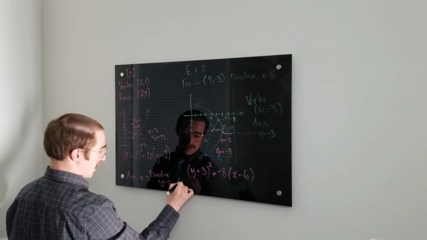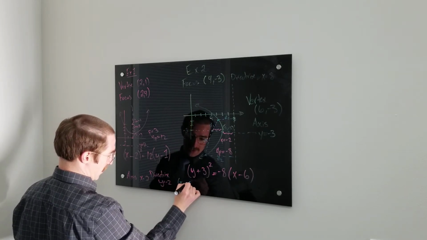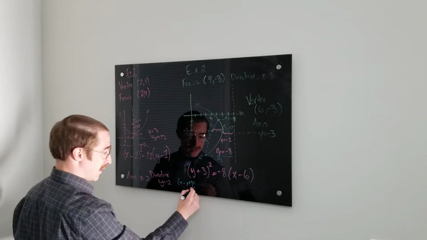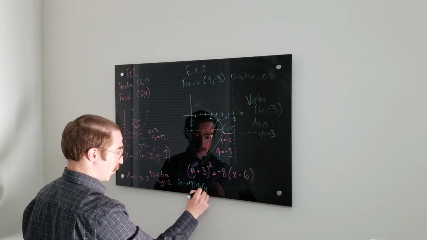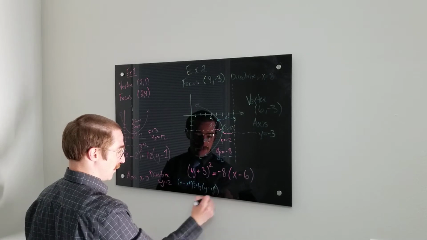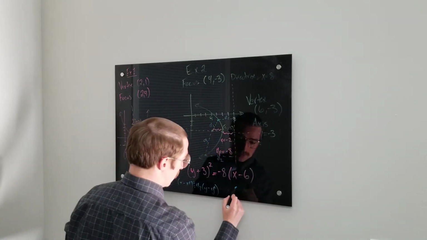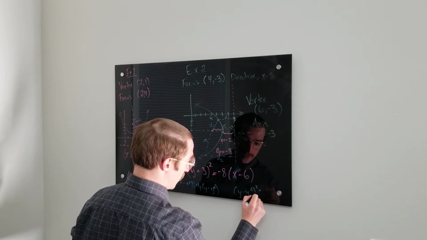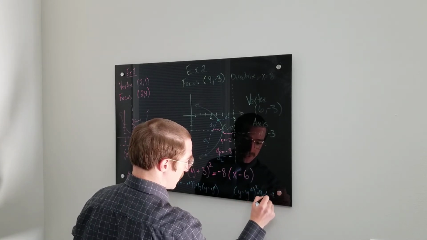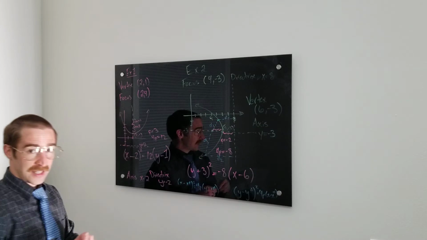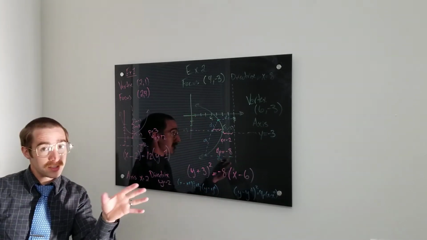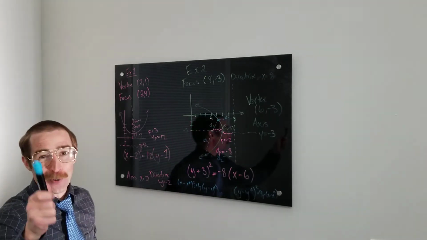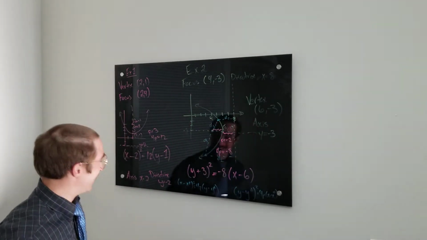It's always x minus the x number of the vertex, squared, equals 4p times y minus the y number of the vertex, or y minus the y number of the vertex, squared, equals 4p times x minus the x number of the vertex. The x number of the vertex always goes with the x. The y number of the vertex always goes with the y.